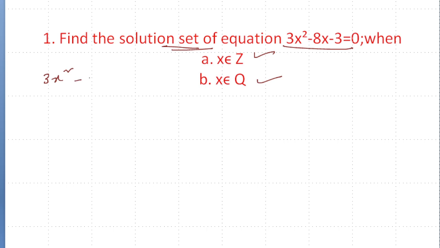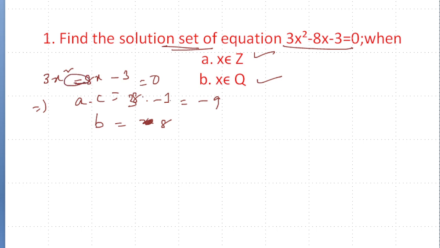3x square minus 8x minus 3 equals 0. Now a into c is 3 into minus 3 equals minus 9, and b equals minus 8. We will not consider the minus, as I already told, it will come automatically. So split into 9 and minus 1. Multiply is minus 9 and the sum is minus 8.